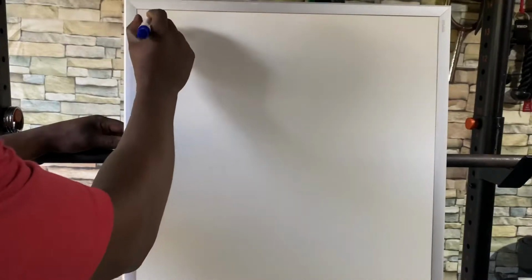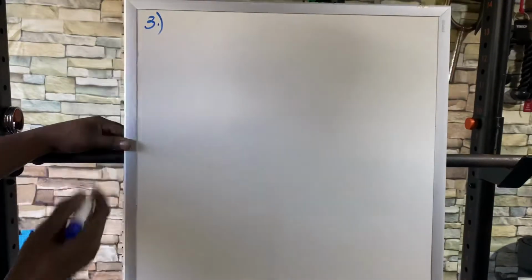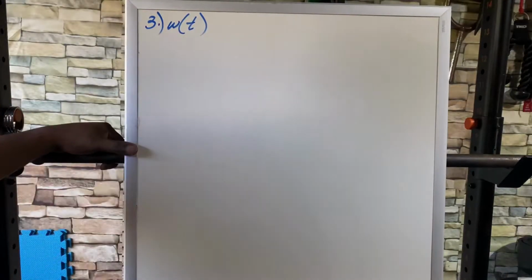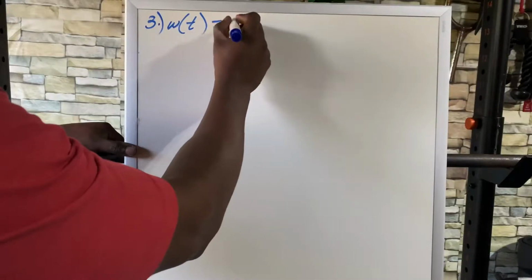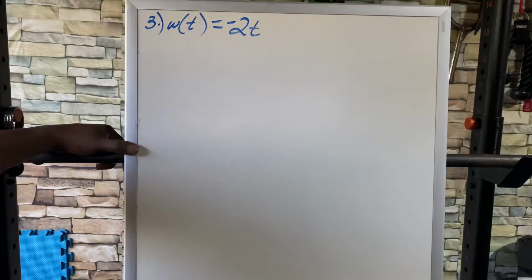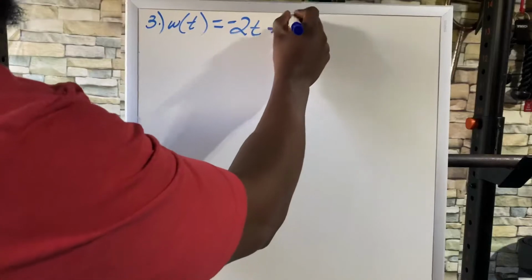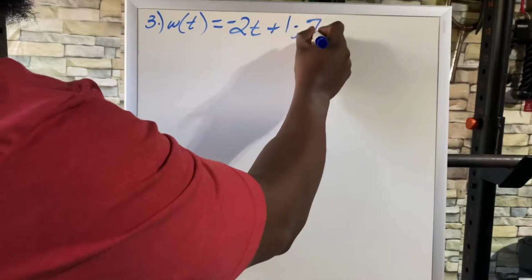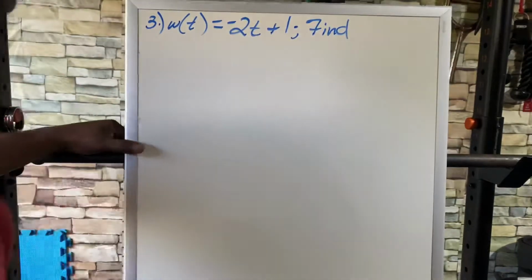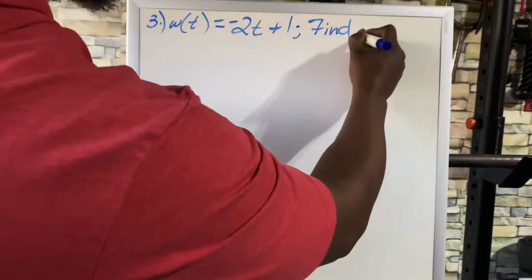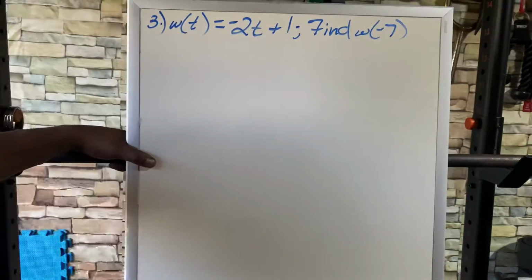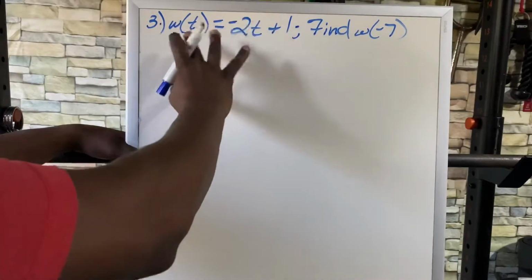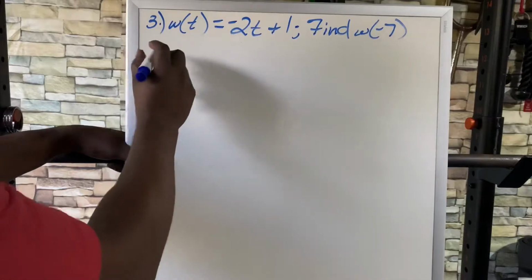Number 3 says W of t equals negative 2t plus 1. Then it says find W of negative 7. We replace everywhere we see t's with negative 7.